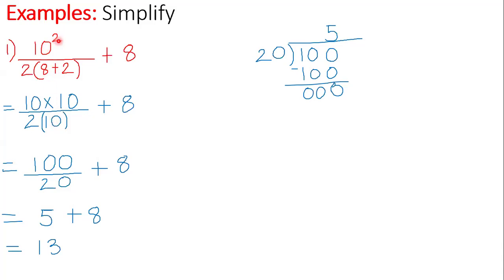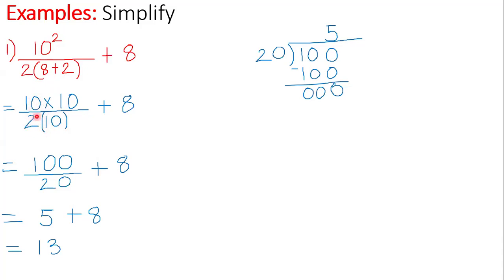And then we have 10 squared, that's an exponent. What is 10 squared? 10 times 10. So then we say 2, open bracket, 10. But what does the bracket mean? Multiplication, very good.